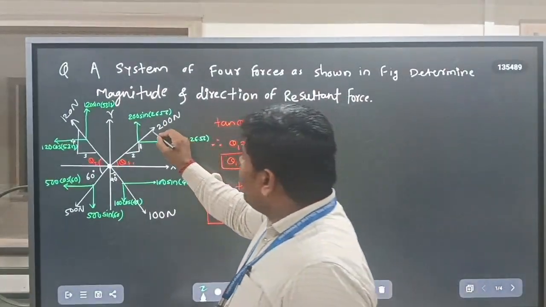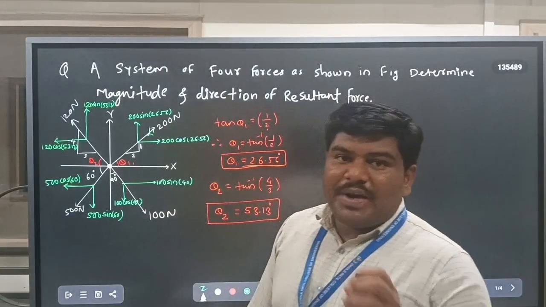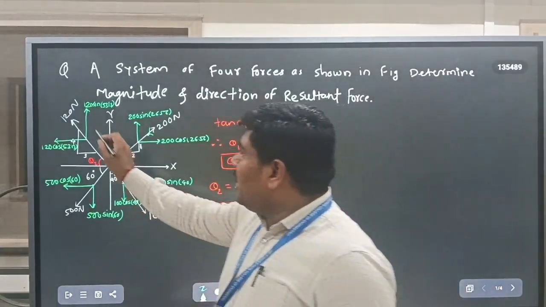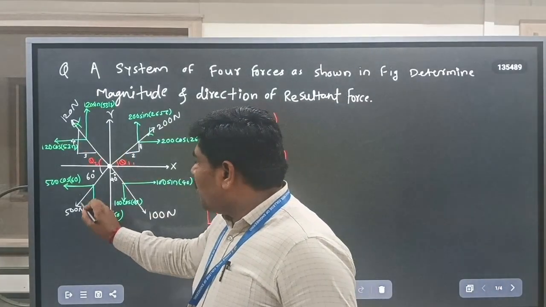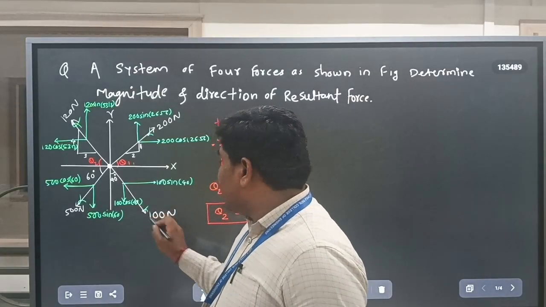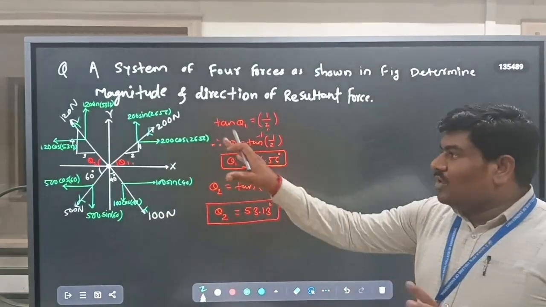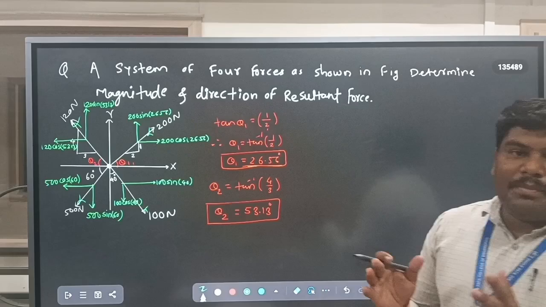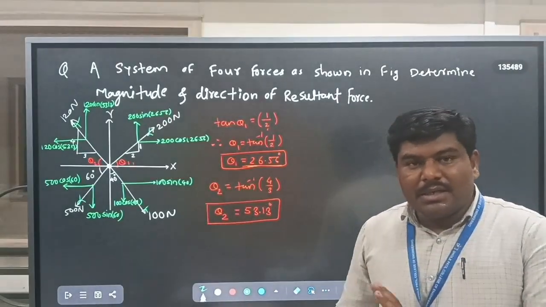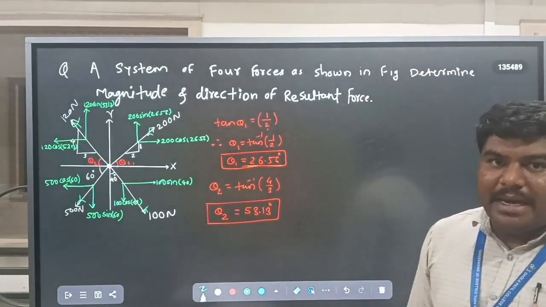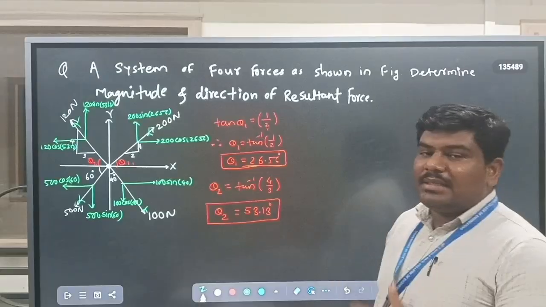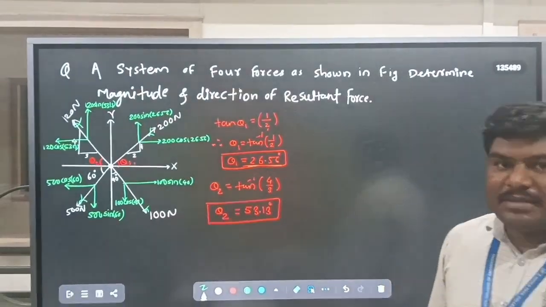So this 200 Newton force effect gets nullified. Similarly 120, 500 and this 100. Okay, तो आपके पास total forces जो भी आ रहे हैं वो सभी either in horizontal direction और in vertical direction में ही आएंगे. Okay, तो उसका resultant हम easily calculate कर सकते हैं.